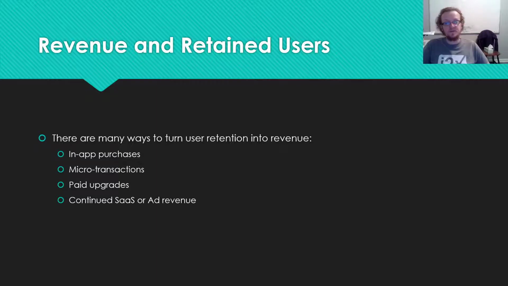Their month-over-month expenditure and your month-over-month revenue will be much higher depending on how many people like the application. You also have things like microtransactions. These are huge in video games, and also huge in mobile games.